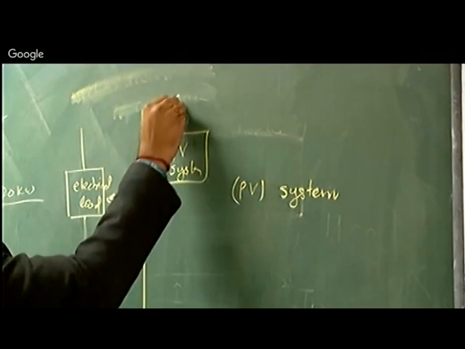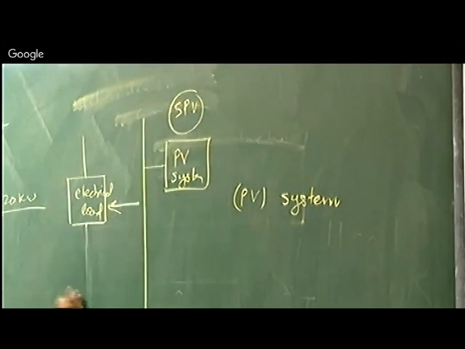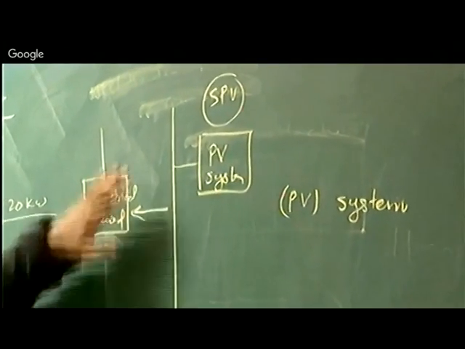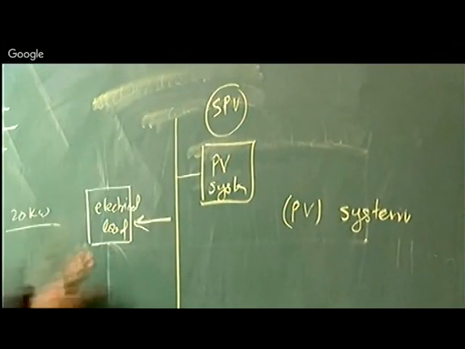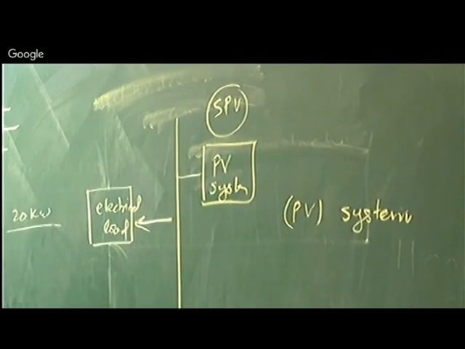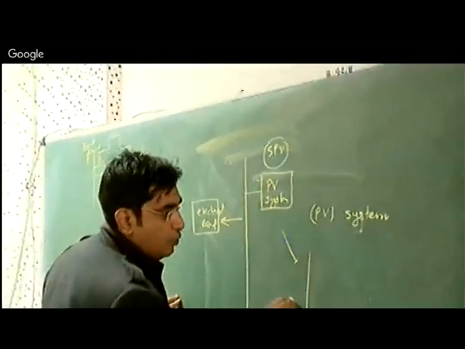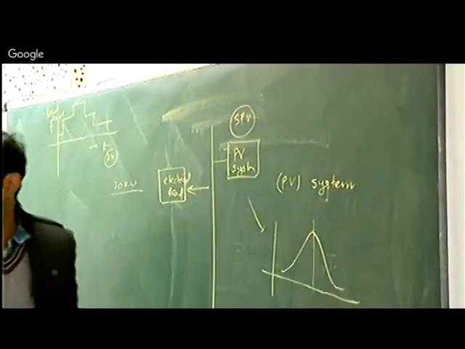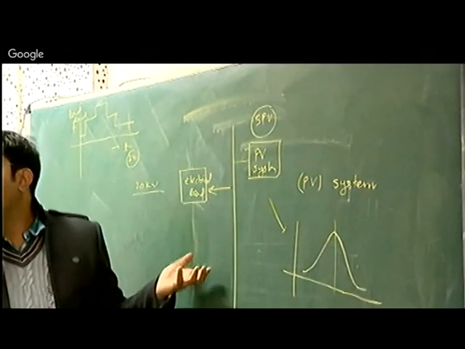I am simply using solar photovoltaic panels to meet this load demand. This is not a feasible kind of system because every time you cannot meet the demand. Suppose you have 24-hour data and a solar panel system. This panel is going to generate according to the solar radiation, so what will happen when there is no radiation?